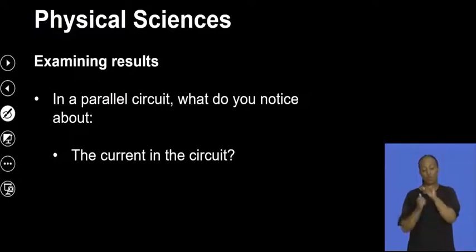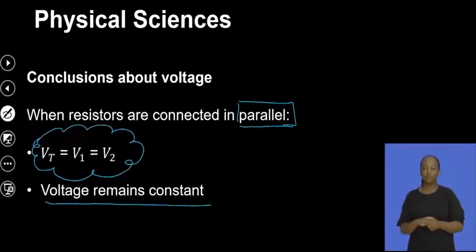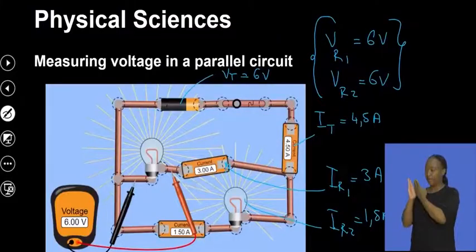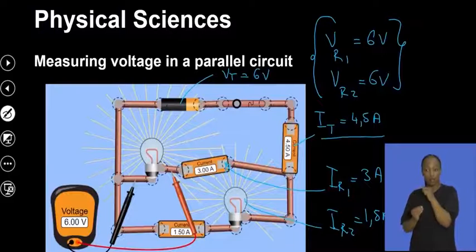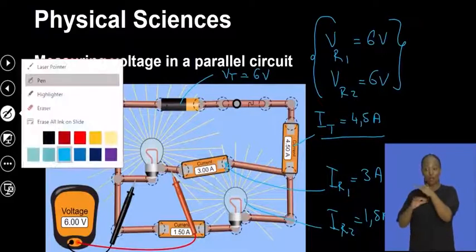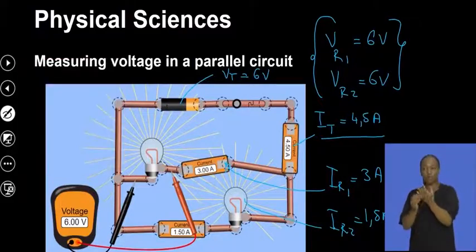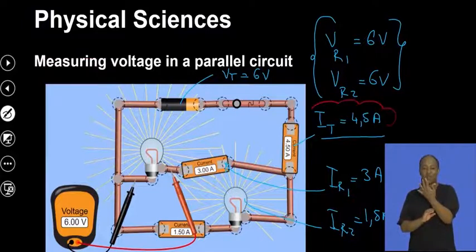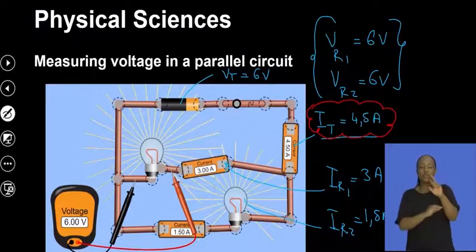If we can go back to that circuit, the one that we managed to get the figures from. The total current is actually equal to 4.5 amperes. That's our total current. Now, that total current is split between R1, which is 3 amperes, and R2, which is 1.5.